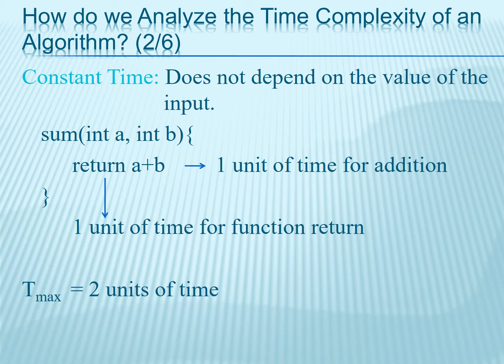Here, the addition takes 1 unit of time as per the model machine, and the return statement takes 1 unit of time. Hence, the number of units of time for this function is 2. The time complexity of the function is also 2. Here, the time complexity does not depend on the value of the input. Hence, it is a constant time complexity function.